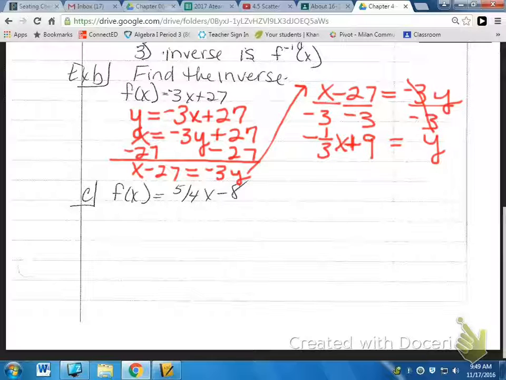Now I'm going to finish this off by writing it in function notation, but it's the inverse. So you're going to do f of negative 1 of x, and you're going to write what y equals, negative 1/3 x plus 9.